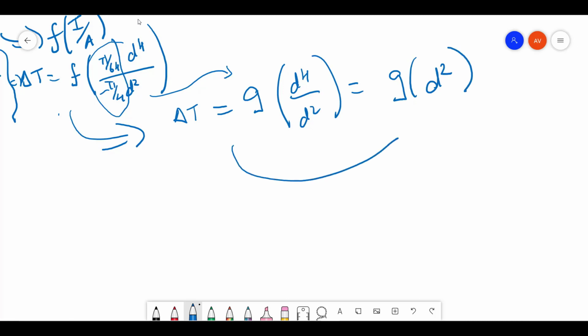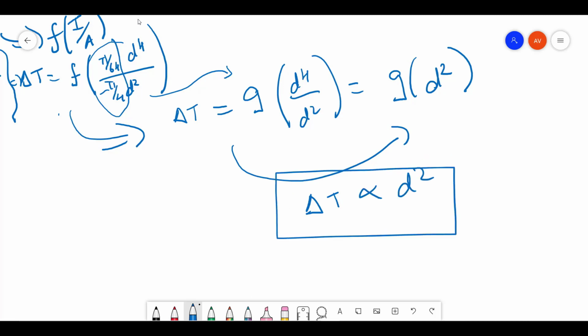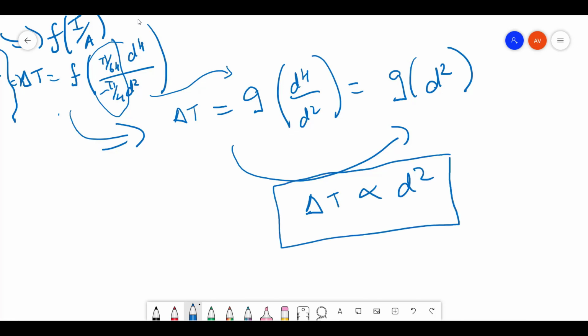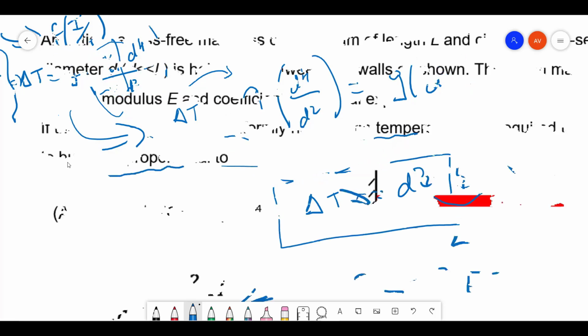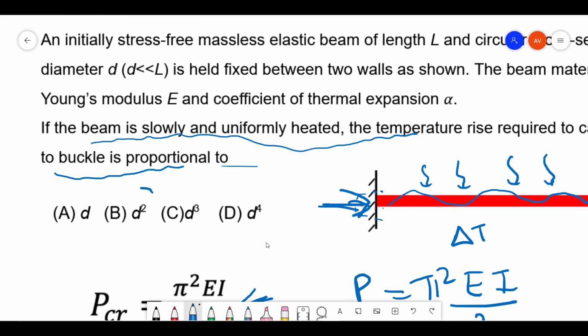So you can write that delta T is a function of d square. This is your final answer. Looking at the options, you can see that option B is the answer.